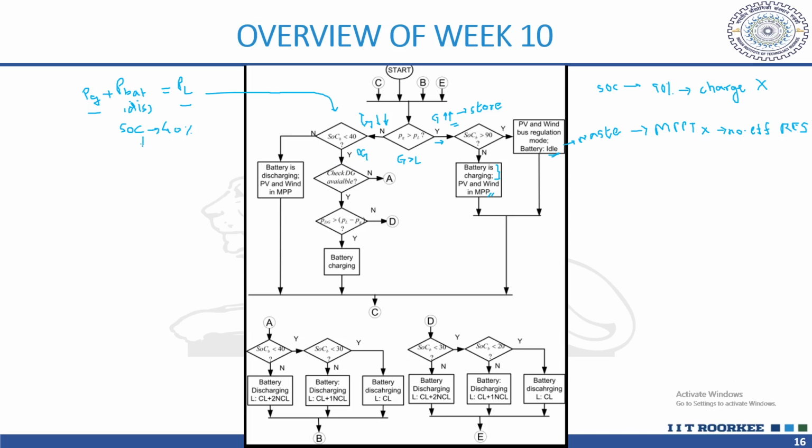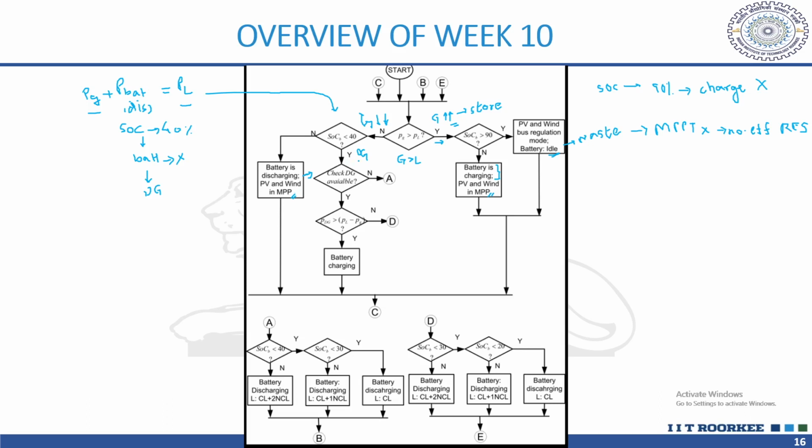So SOC below 40% means the battery is not enough, so we go for the next resource that we have, which is our diesel generator. But if the SOC is greater than 40%, the battery can just discharge here, right? And the PV and the wind can operate in the MPPT mode.